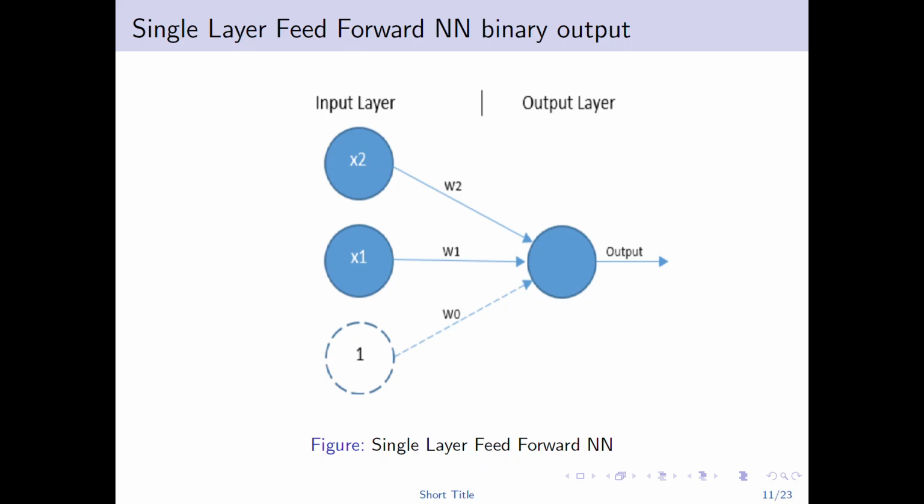Since it is a single layer feed forward neural network, we have only one output layer, and no hidden layers are present. So whatever input is coming, it will be passed to the output layer. This is a diagrammatic representation of single layer feed forward neural network.